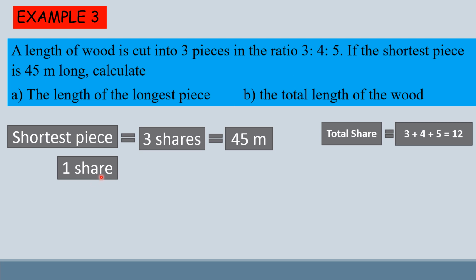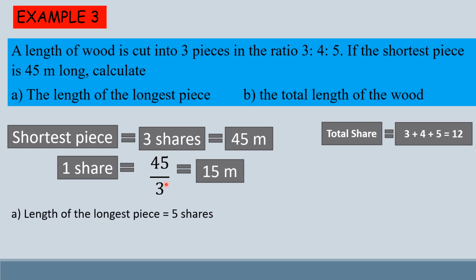So 1 share would equal, if 3 shares is 45 meters, 1 share will be 45 divided by 3, which is equal to 15 meters. A, the length of the longest piece. So remember, we have it in the ratio 3, 4, 5. The longest piece, 5 shares. So 5 will be multiplied by 15.